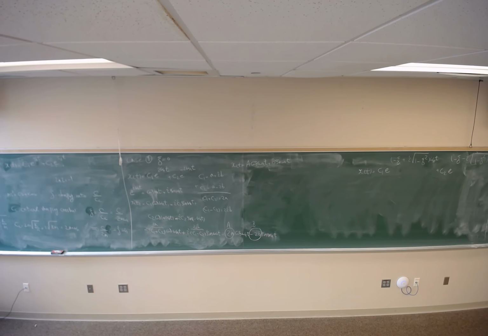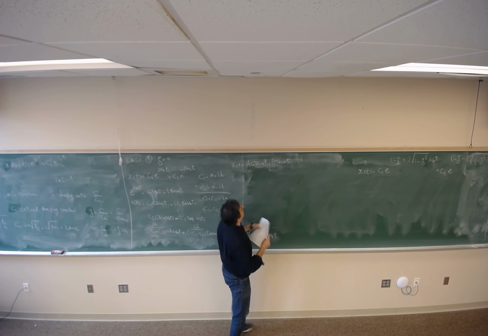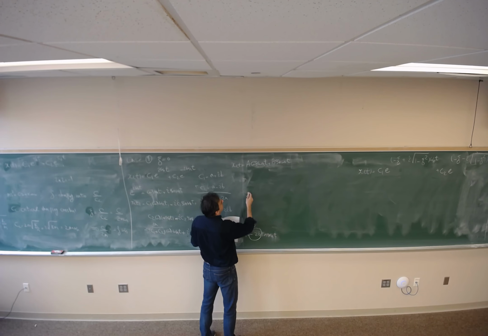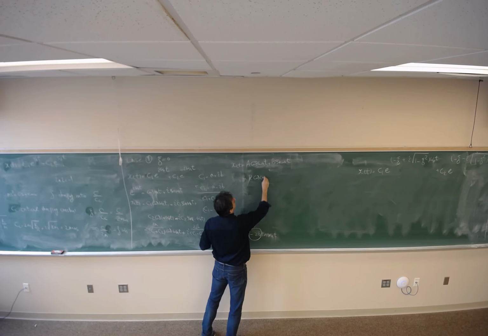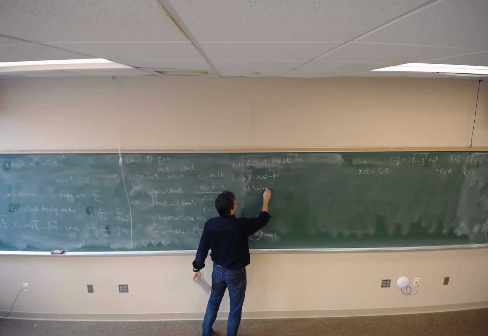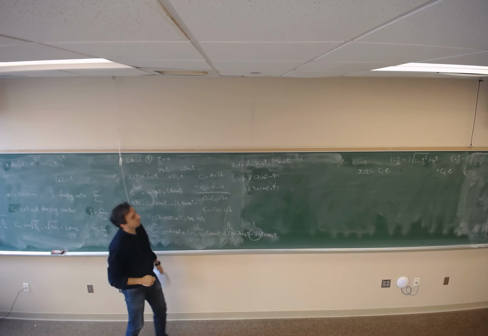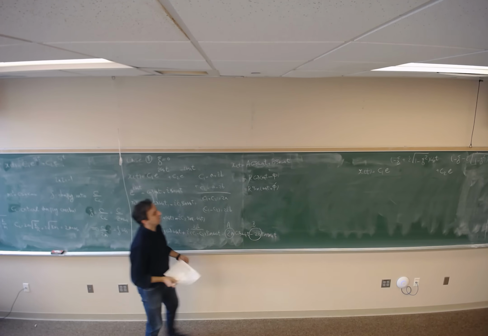Two harmonic functions, we can add them up and end up either with something like this or something like this. Either a sine function or a cosine function, it's up to you.